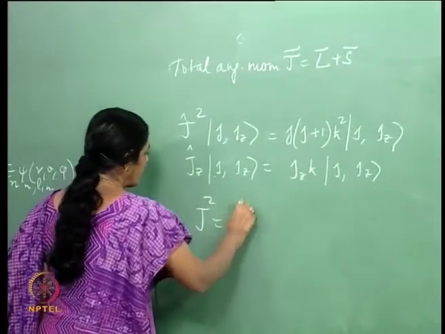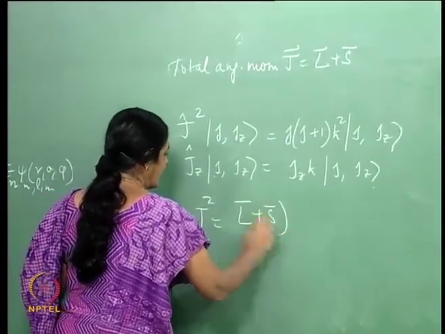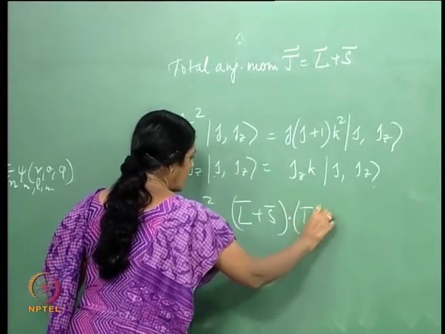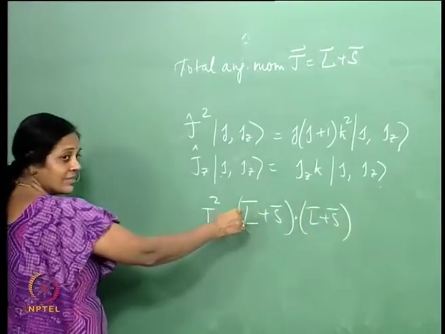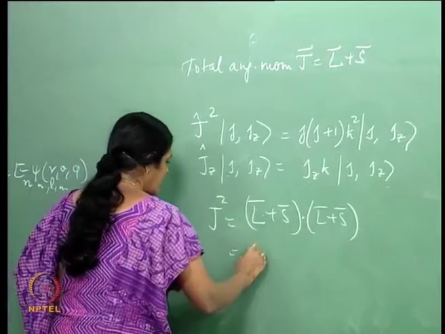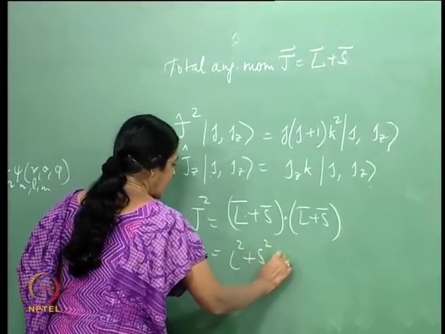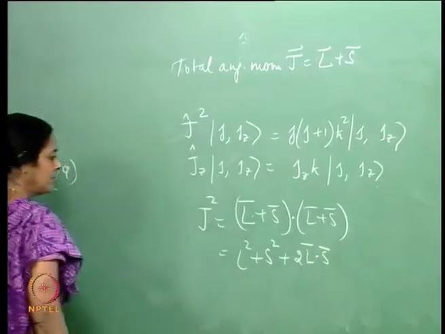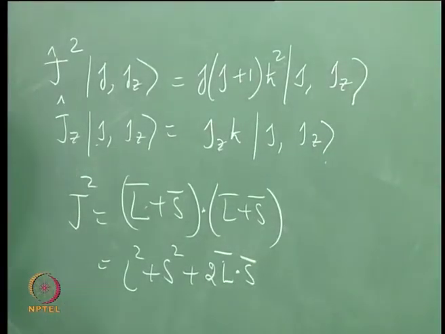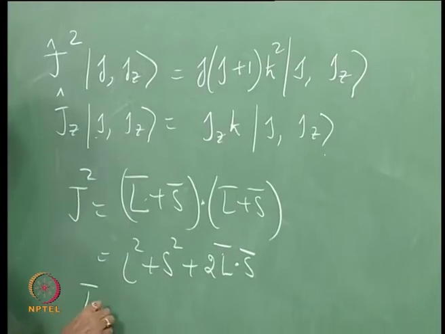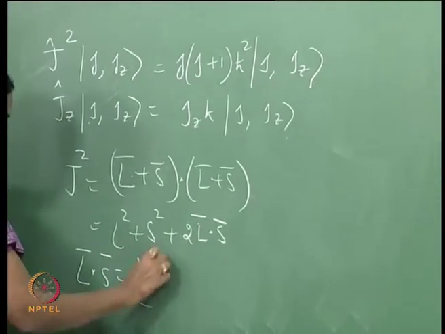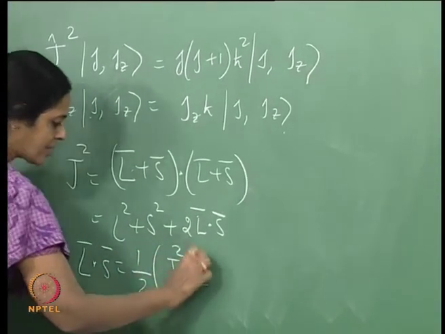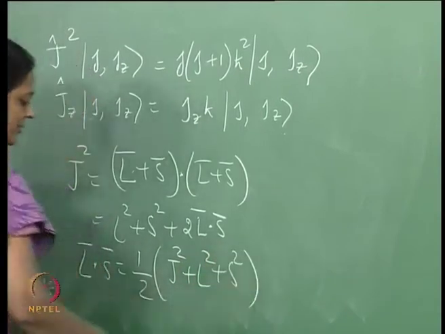But J squared is clearly L plus S dotted with L plus S. These are vectors under rotations. So, that is L squared plus S squared plus 2 L dot S. And therefore, L dot S is half of J squared minus L squared minus S squared.